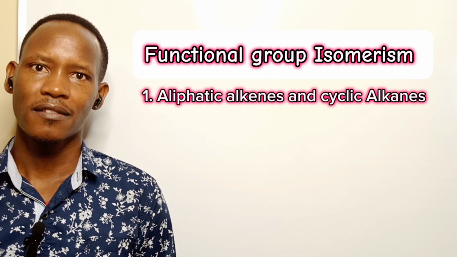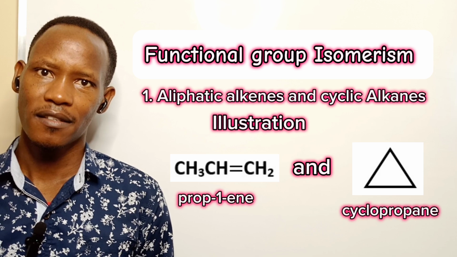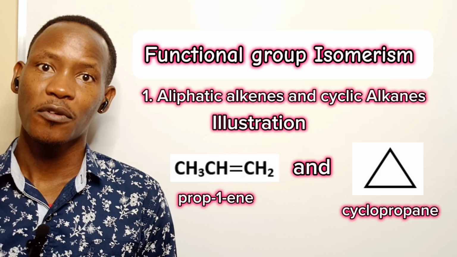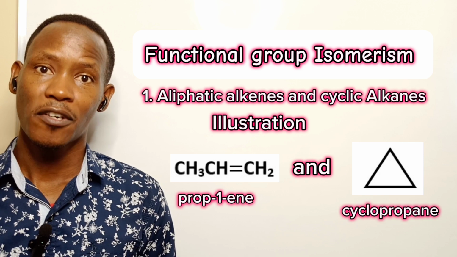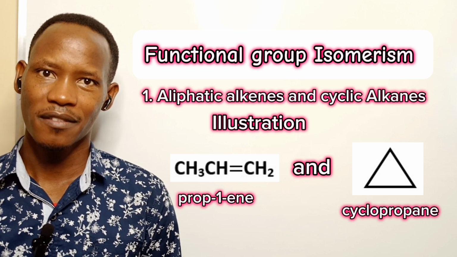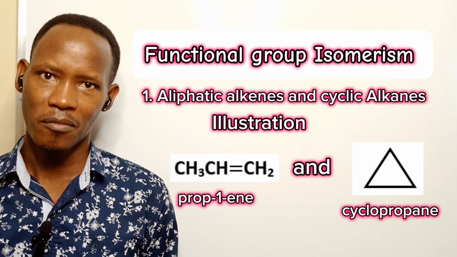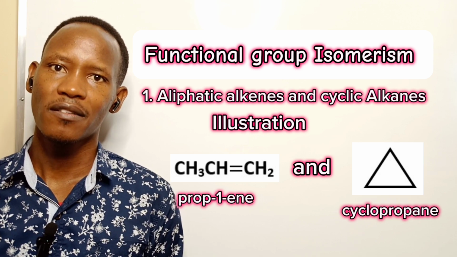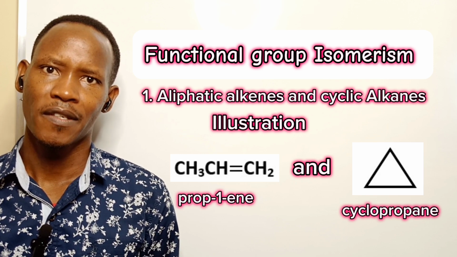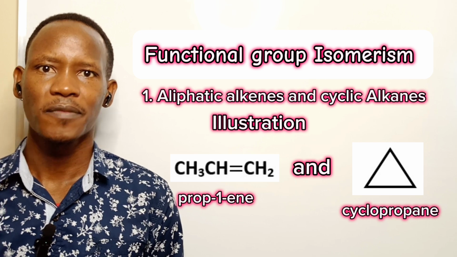And there is an example displayed there: the alkene prop-1-ene can be a functional group isomer with cyclopropane. Notice that in one of them there is a carbon-to-carbon double bond, while in the other there is no carbon-to-carbon double bond. That marks out the difference in functional groups.